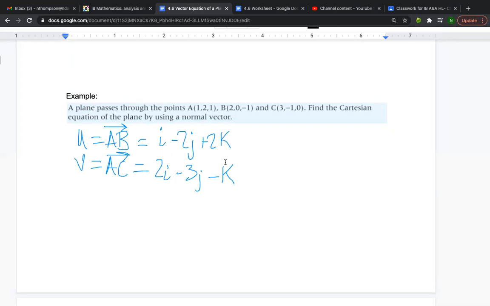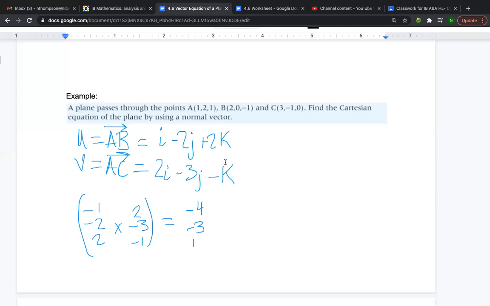So I can say that -1, -2, 2 cross 2, -3, -1 is equal to -4, -3, 1. So this was to get my equation of a plane because it's perpendicular.